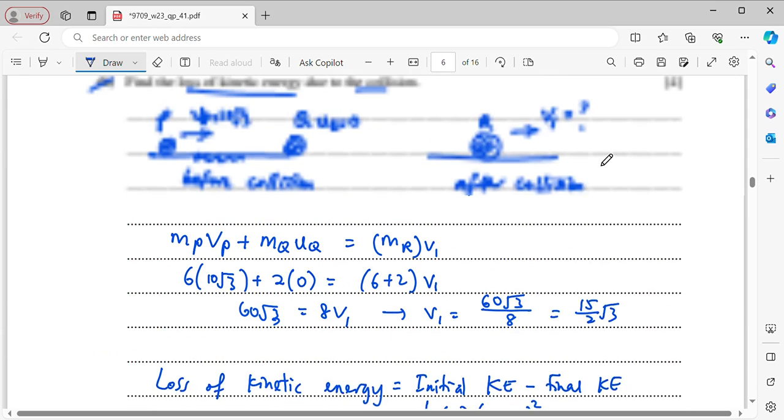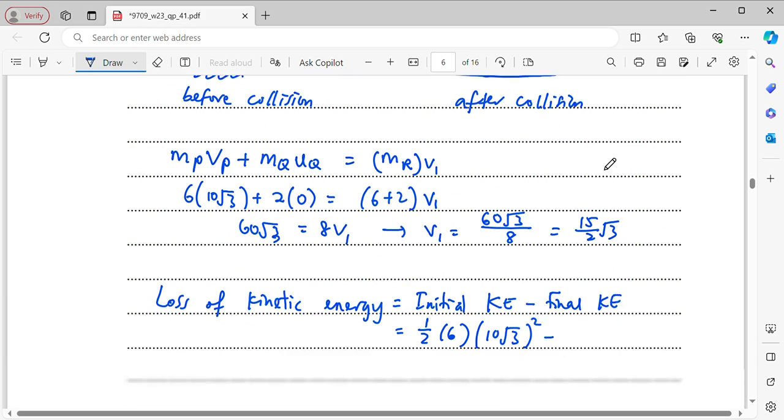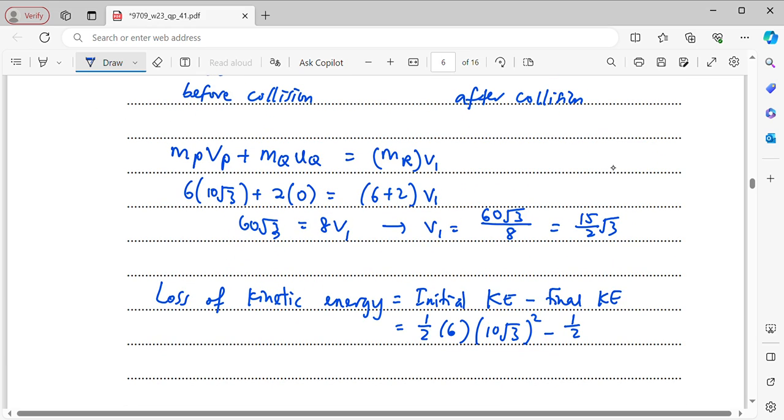Final kinetic energy is caused by R, so half times 6 plus 2, because both particles stick together, times V, 15 over 2 square root 3, squared. Then from here you will get 900 minus 675. So at last you will get 225 joules. So that is the loss of kinetic energy.